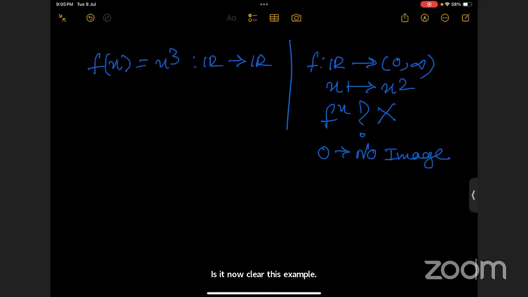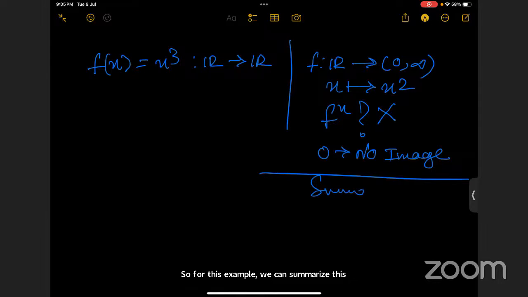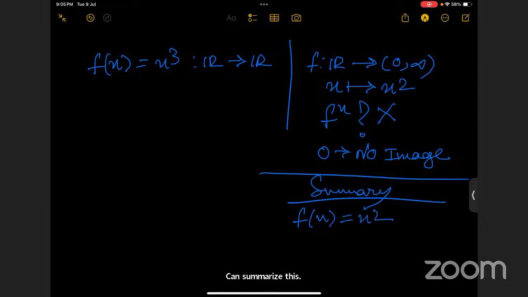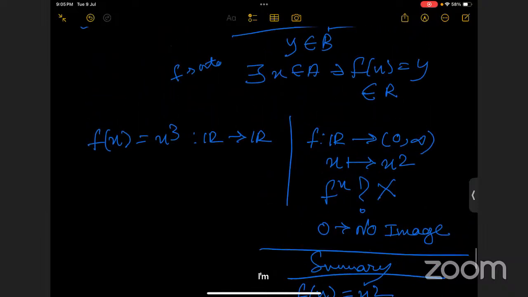So, for this example, we can summarize. We are taking f of x equals x square, with domain, codomain and range. Sorry, why is x cube not a function? I have a doubt regarding the x cube.